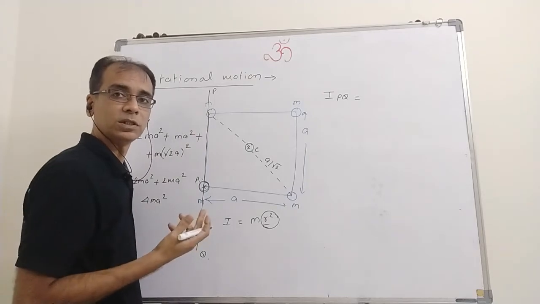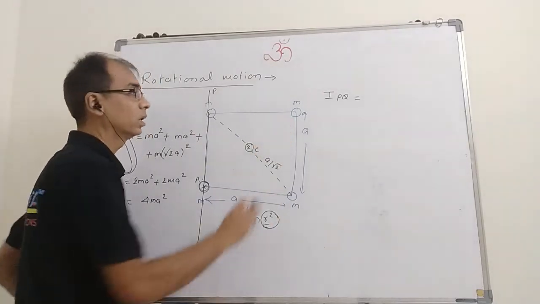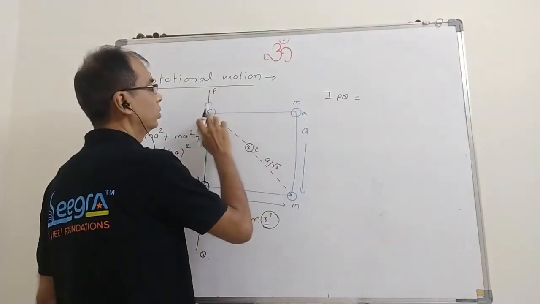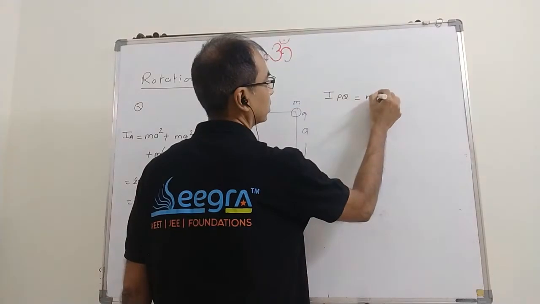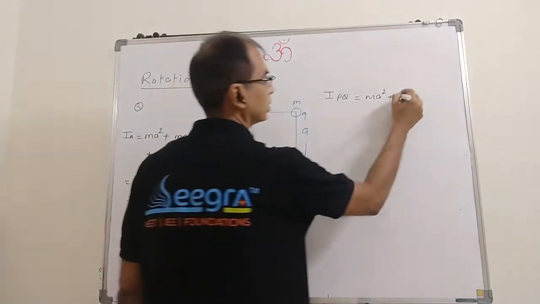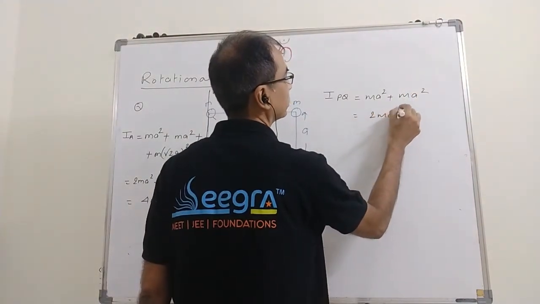So we find the moment of inertia of the other two masses. For this mass, m into a whole square, and for this mass also, m into a whole square. So I PQ is 2mA square.